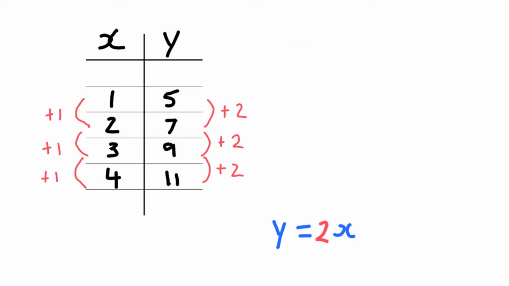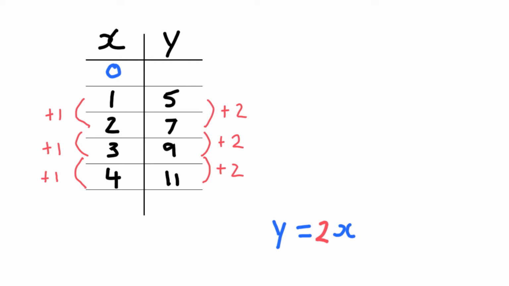Now, how do I find the other part of my equation to make it right? What we actually have to do is find the y value when x is equal to 0. So right now I see my x values are going from 1, 2, 3, and 4. What I need to do is figure out what y would be if x were 0. I know the x values are going up plus 1 each time.